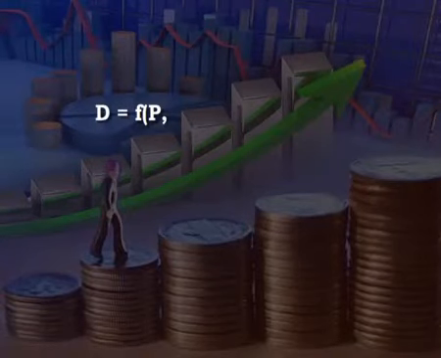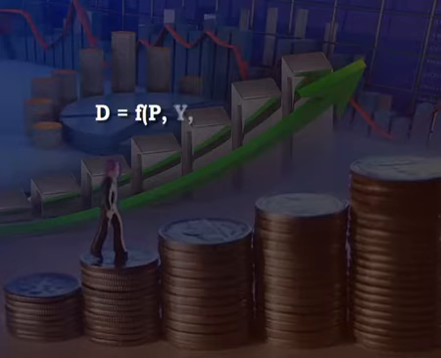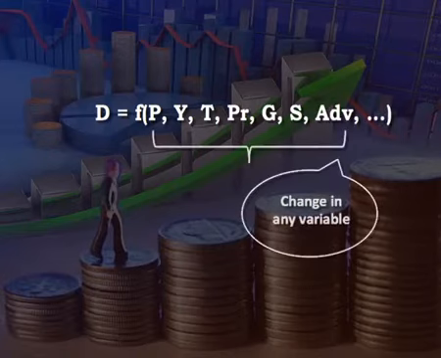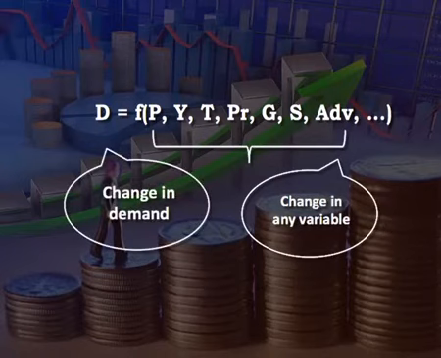Now let's discuss shift and movement in demand. Demand is a function of many variables, out of which price is the most important variable in the law of demand and in construction of demand schedule and demand curve. Other variables that affect demand include income of the buyers, taste and preferences, prices of other goods, government policies, subsidies, advertisements, etc. When there is a change in any of these variables, there will be a change in demand for the good as well.